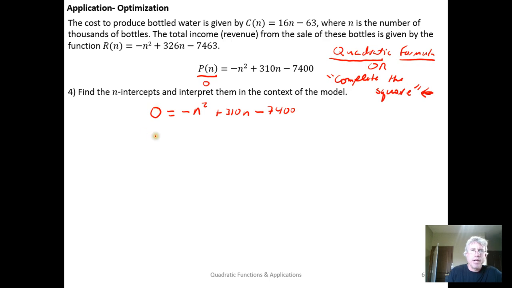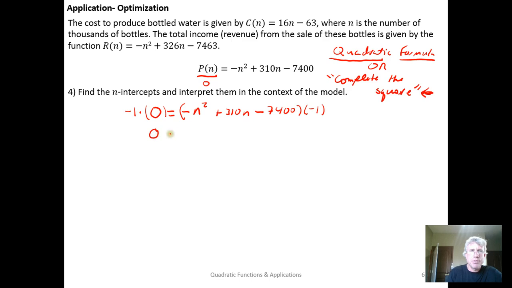To use the completing the square technique, I know that the leading coefficient on the n squared term has to be a positive 1. So I'm going to take the right hand side of the equation and multiply it by a negative 1. A negative times a negative is a positive 1. I'm multiplying both sides of the equation times the negative 1.